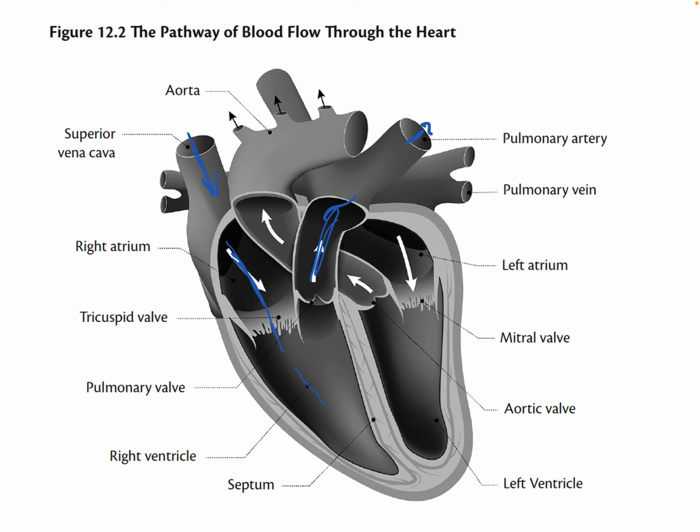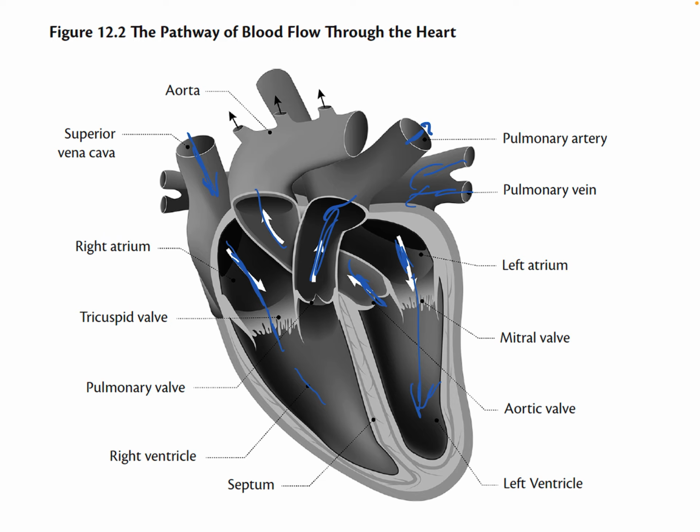In the lungs, the blood releases CO2 and replenishes O2, or oxygen, and then it flows through our pulmonary veins into our left atrium, and then it travels through the bicuspid valve into our left ventricle, and then it's going to travel up through our aortic artery into the aorta and be delivered to the body and the tissues.